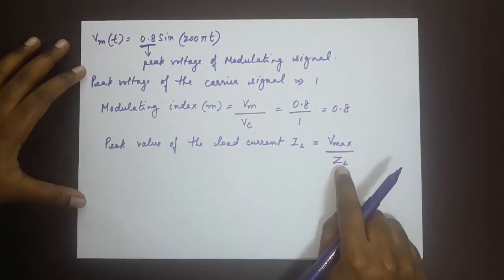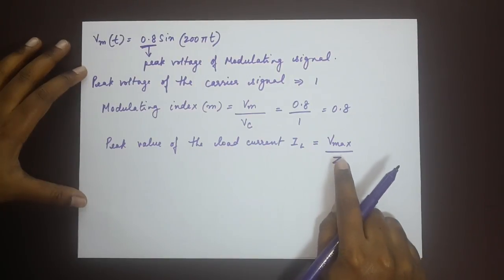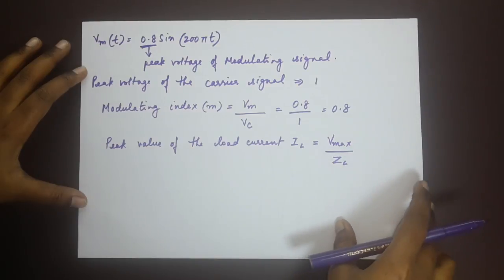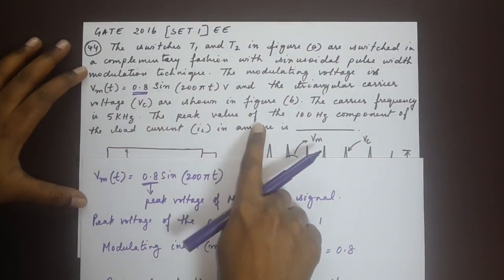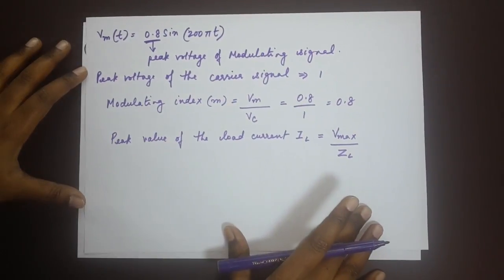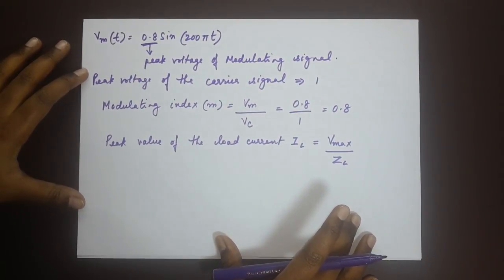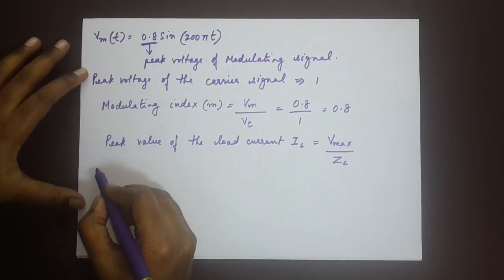Now this is the total impedance of the load, and Vmax corresponds to the 100 Hz component that is mentioned in the question. The question says the peak value of the current at the 100 Hz component. Okay, so we have to keep that in mind while solving. Now we don't know what Vmax is, so we need to find out what Vmax is.